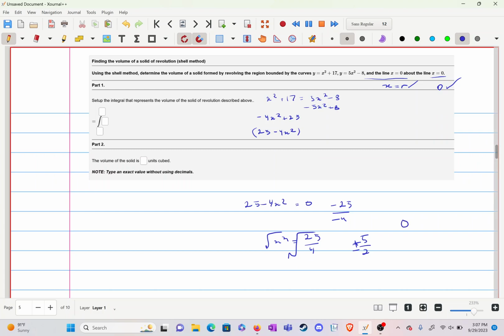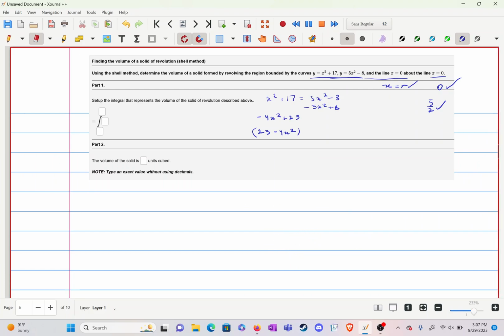We're going from 0 to 5 over 2, not from 0 to negative 5 over 2. That wouldn't make much sense with these positive quadratics that we're given. So we're going to go with 5 over 2 for our upper bound and write that up here. Check that off, then erase this work.